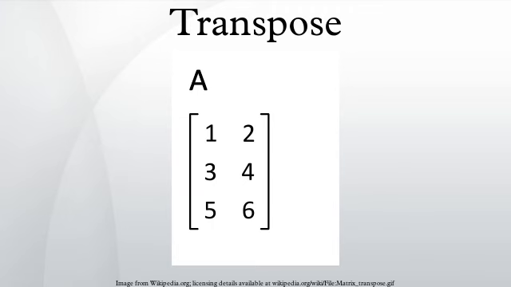A square complex matrix whose transpose is equal to the negation of its complex conjugate is called a skew-Hermitian matrix. That is, A is skew-Hermitian if A^T = -conj(A). A square matrix whose transpose is equal to its inverse is called an orthogonal matrix. That is, A is orthogonal if A^T = A^-1.